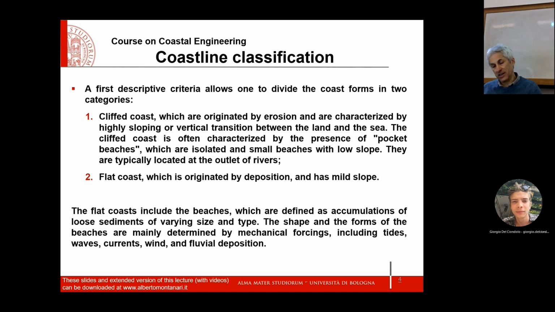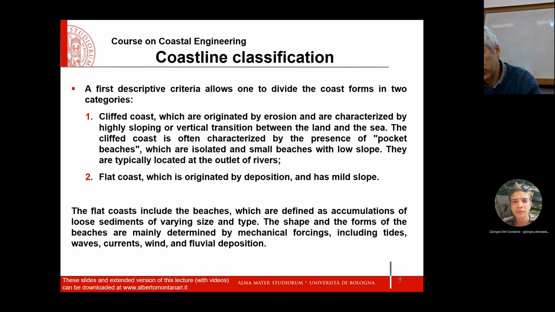And the pocket beaches are a very interesting feature of cliffed coasts, because for their diversity with respect to the surrounding environment, they typically host very interesting ecosystems, ecosystems with a value, and also they are very interesting for tourism.